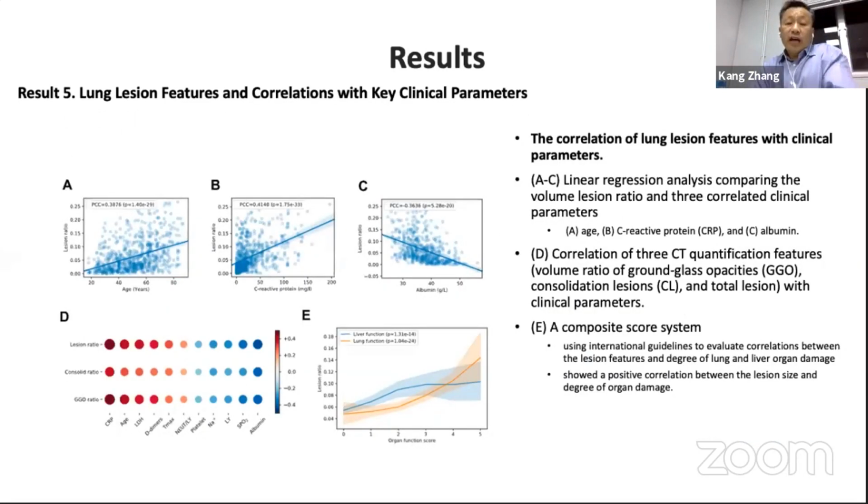One other reason we thought it would be important for AI to perform is to see how well the AI can predict other aspects of systemic health. This is particularly important for CT, because the scanning of the lung gives us a quantitative measurement, how big or small and how acute the lesions are.